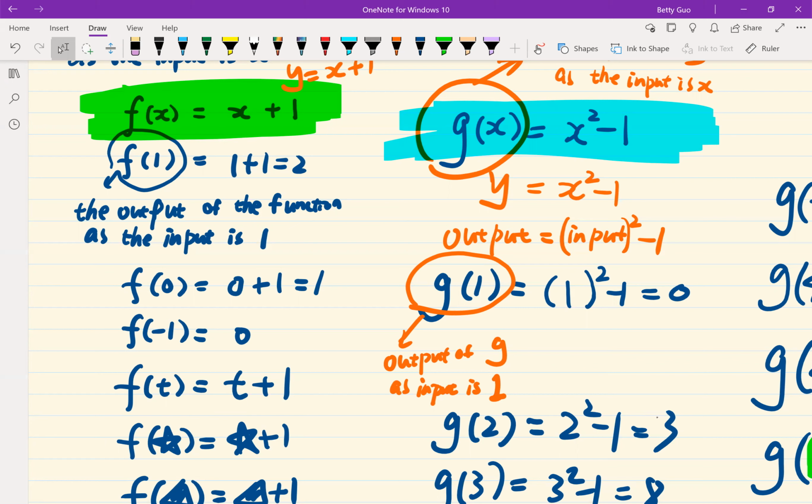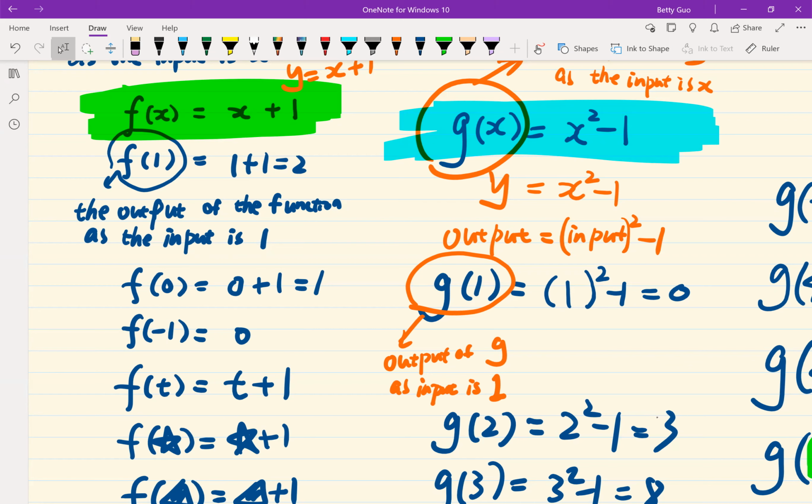Yeah, you're right. The letter doesn't matter. But once you assign the letter for a specific function, you have to keep that consistent. You don't change it in the middle. So the only point here is you need to understand what f of x is.